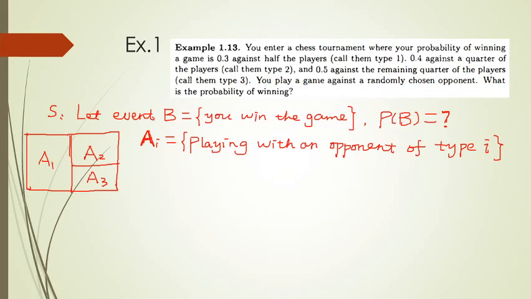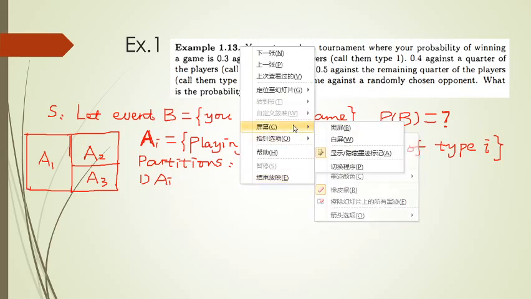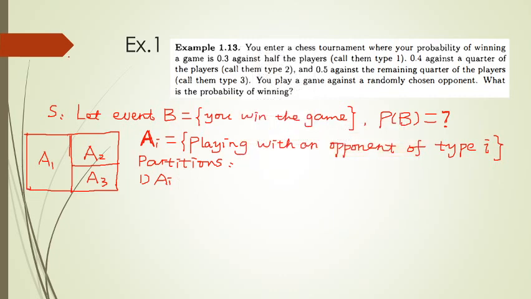So here the events form a partition of the sample space, which implies two things. Number one, A_i intersect A_j is the null event for any i not equal to j.